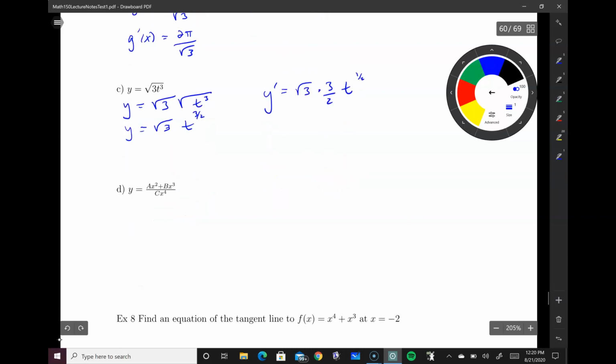All right, I don't need to tell you, but you should know that a, b, and c are constants. Again, I'm going to need to separate it. So let's just separate it: ax squared over cx to the 4th plus bx cubed over cx to the 4th.